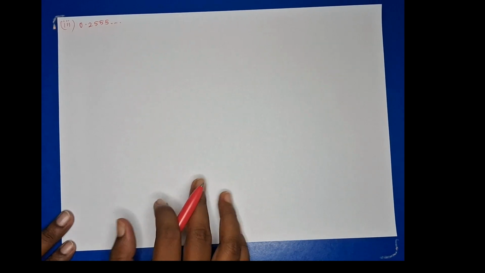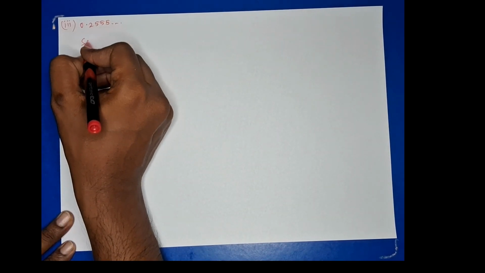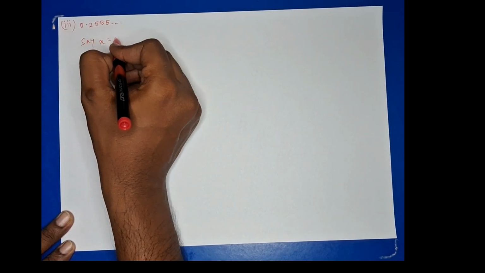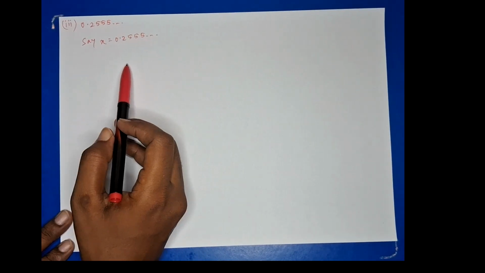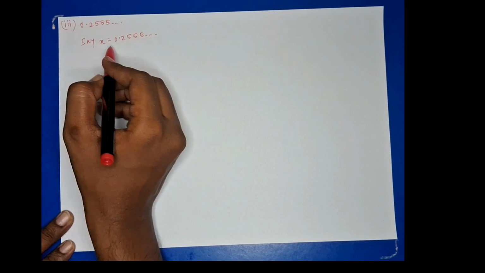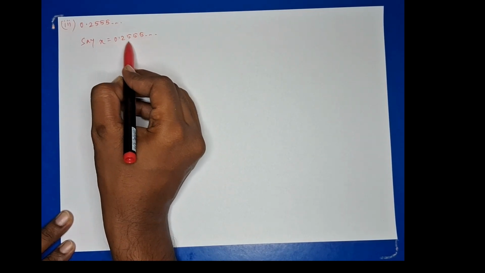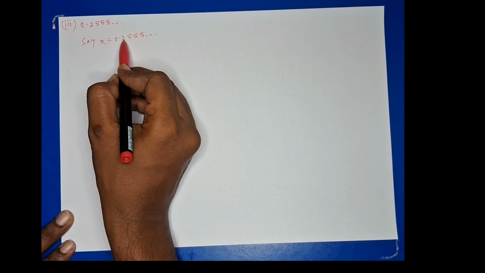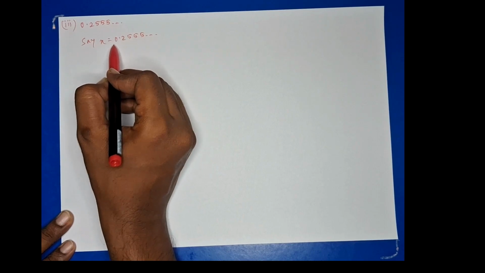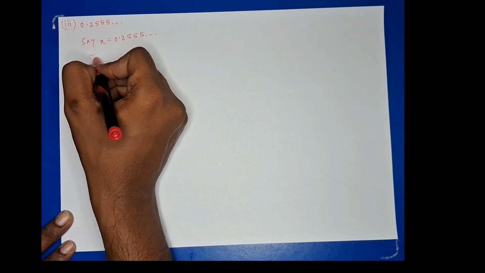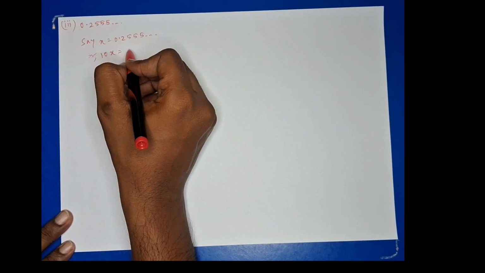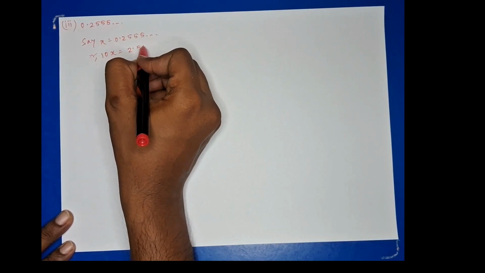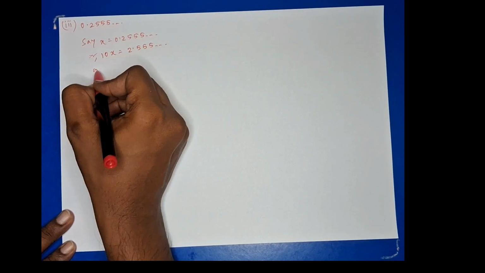Similarly, we will be solving the third one also. Say x is equal to 0.2555 dot dot dot. Which one is the repeating one? This 5555. So we have to separate this 555 dot dot dot from this 0.2. How? We will multiply by 10 on both sides. So it will become 2.555 and so on.